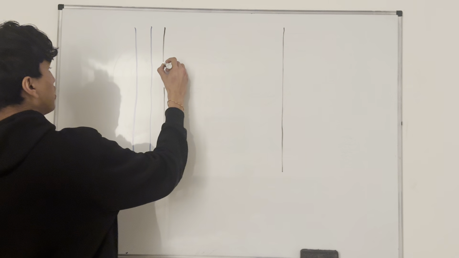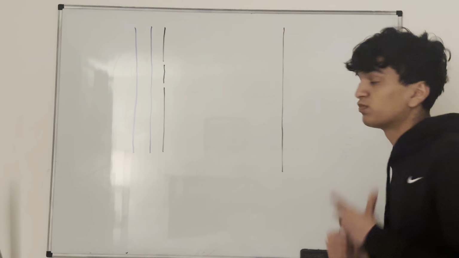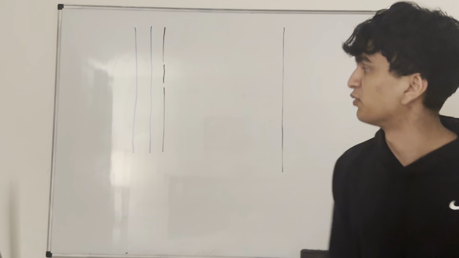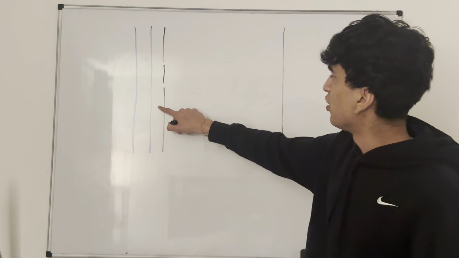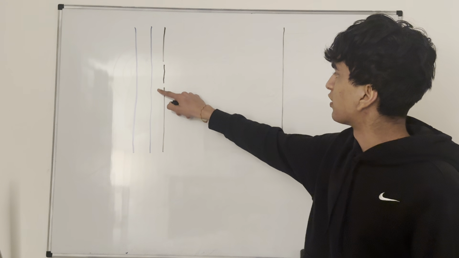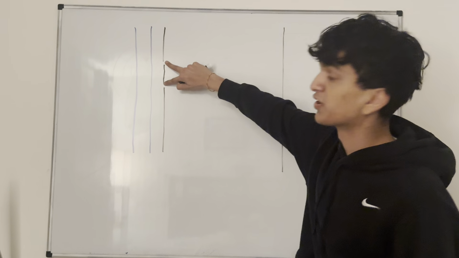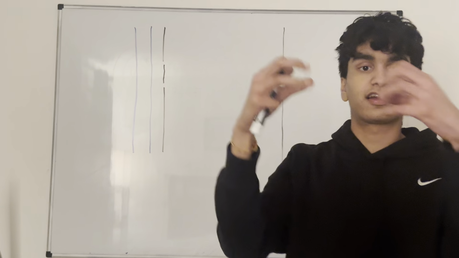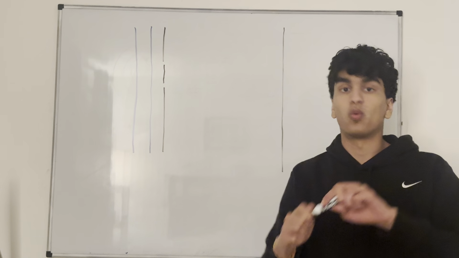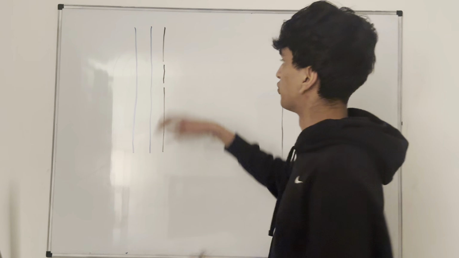So I have two small slits, and because these slits are very small, they act as point sources by Huygens principle. All these barriers are going to block off this part of the wave, but there will exist waves right here, and they're going to act as sources of wavelets and be point sources of new waves.